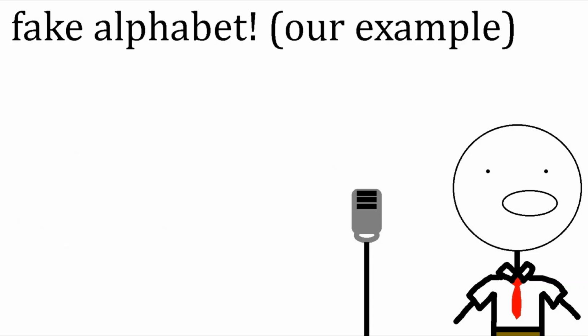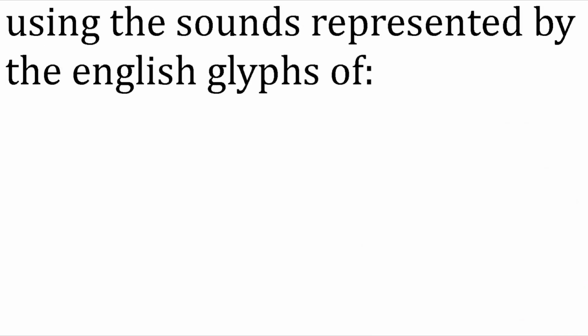So right now, I'm going to make a fake alphabet using the sounds represented by the English glyphs of D, E, F, H, I, J, K, L, M, N, P, R, S, T, and Y. So let's do the first one.